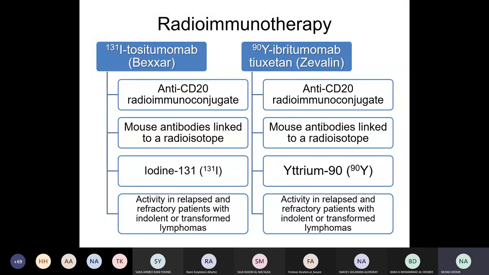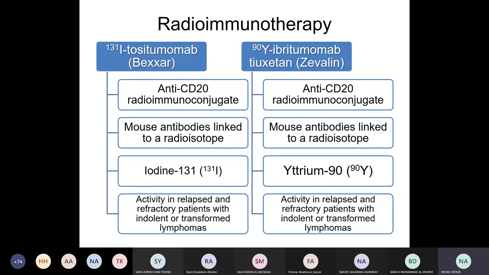We have two products on the market. One of them is conjugated to radioactive iodine, and the other to yttrium. The idea is, what's the impact? When I give the patient radioimmunotherapy, the targeted antibody will concentrate the radioactivity, the radioactive conjugated molecules, in the area of the tumor.